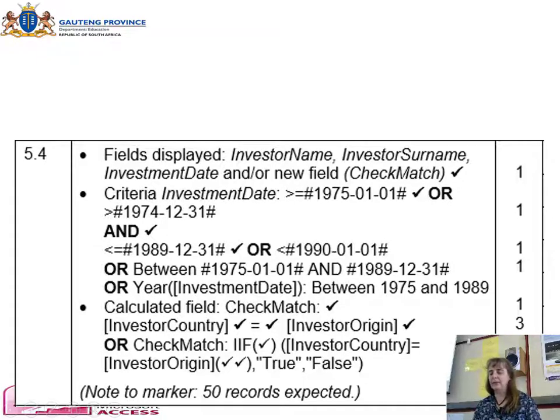Then in the calculated field, we have the new name, check match. The investor country is equal to the investor region. Or you could have said with a double if, a nested if, the investor country is equal to the investor region, the true and the false. But I'm not sure how many of the kids actually got to that last one, if they ever got it.